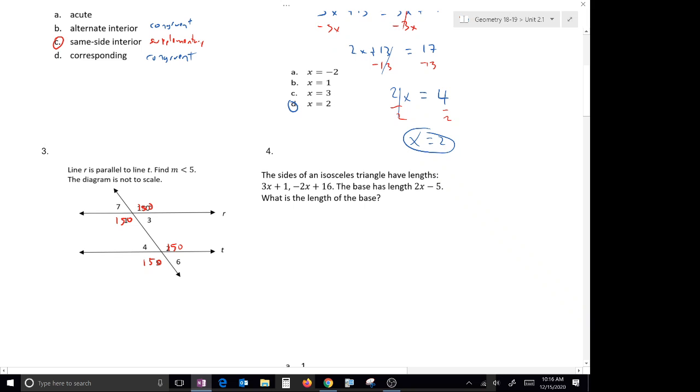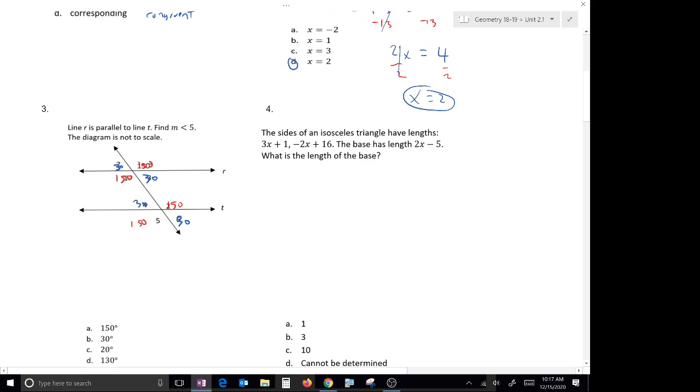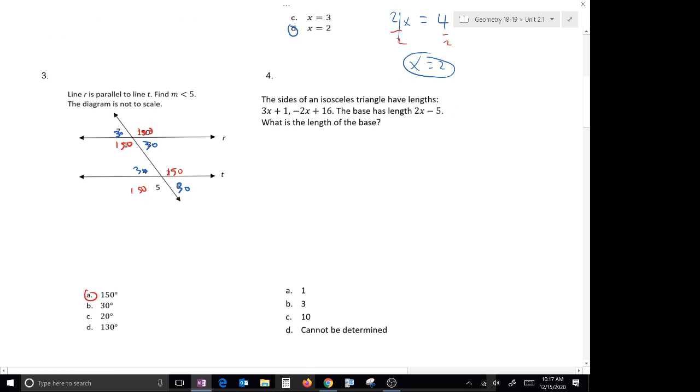And the remaining angles, the acute angles, are going to add up to be 180, so that's going to be 30, 30, 30, and 30. And we were looking for a measure of angle 5, which was this one, I believe. Yeah, so that's our 150 there. So the correct answer is A.